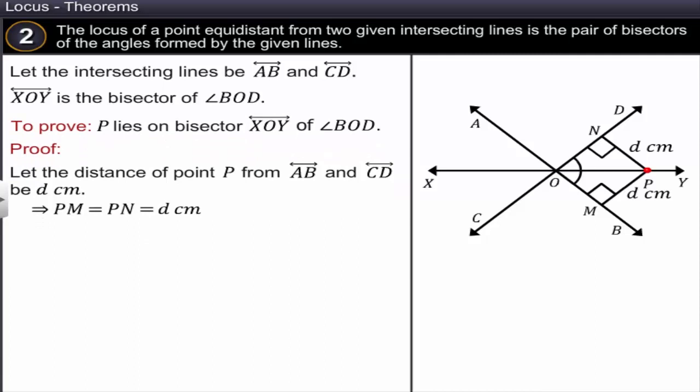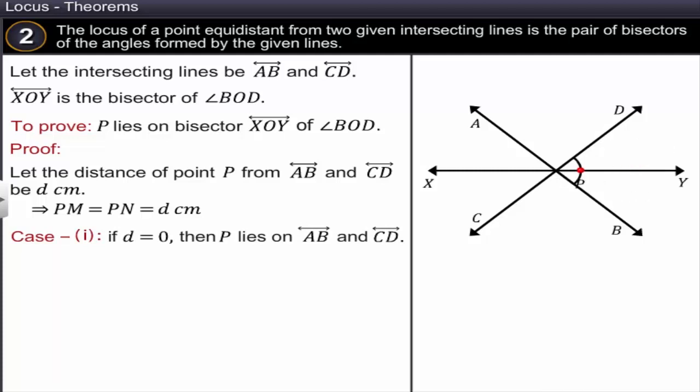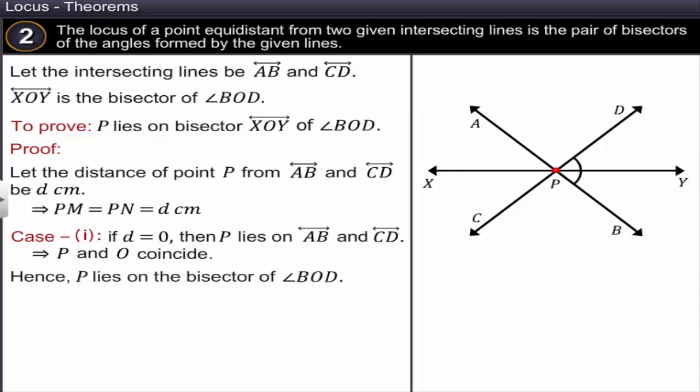If d is equal to 0, then point P lies on line AB and CD. This means P and O coincide with each other. Hence we can say that P lies on the bisector of angle BOD.